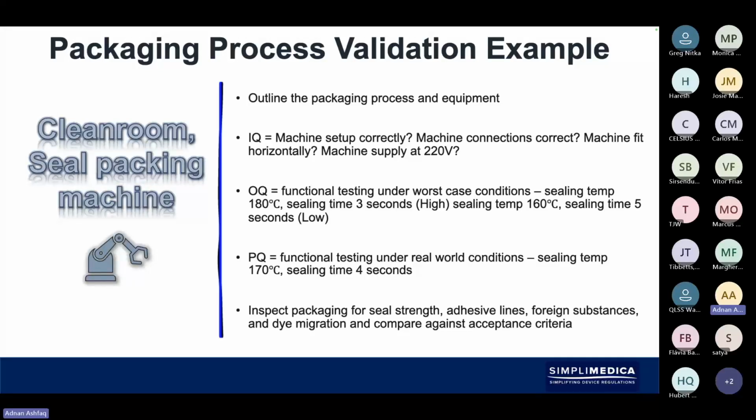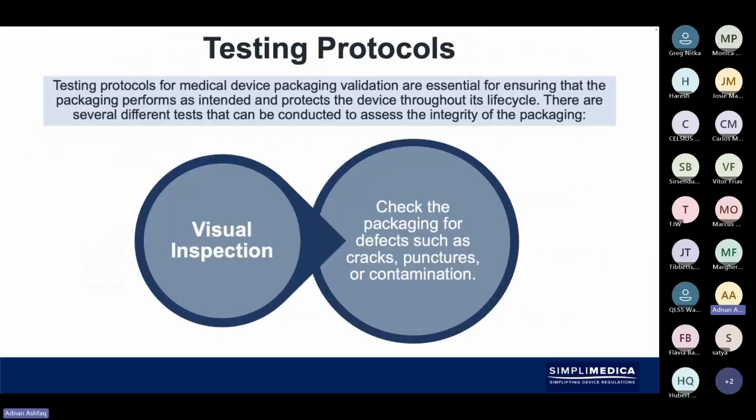So then when you're getting to the testing, you do seal strength, look for adhesive lines, foreign substances, you do dye migration, and you compare that against acceptance criteria. So in the test protocols, you want to be looking at visual inspection. You want to be looking at packaging for things such as cracks, defects such as punctures, contamination.